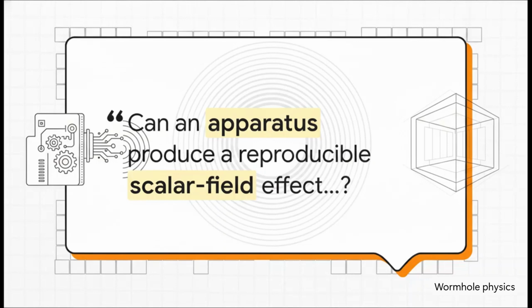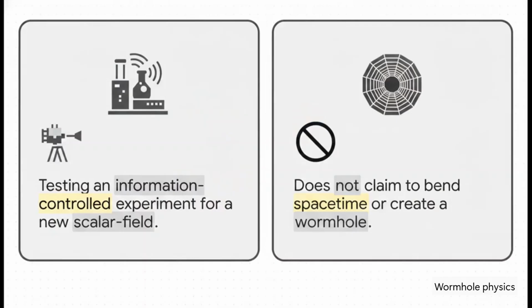A scalar field might sound intimidating, but it just means a field that has a value everywhere in space, but no direction. Kind of like a map showing the temperature in a room. Every spot has a temperature, but it's not blowing in a direction like the wind. We're looking to see if normal science can explain this new temperature-like field, or if we found something entirely new. Now let's be crystal clear here, because it's absolutely vital.